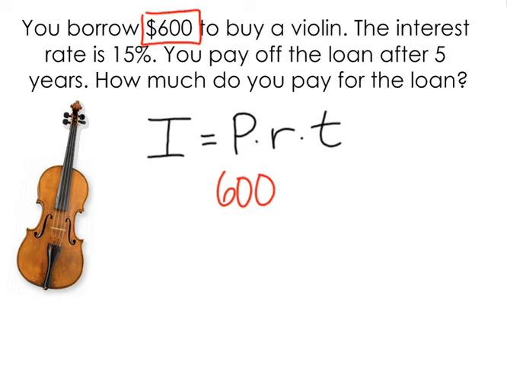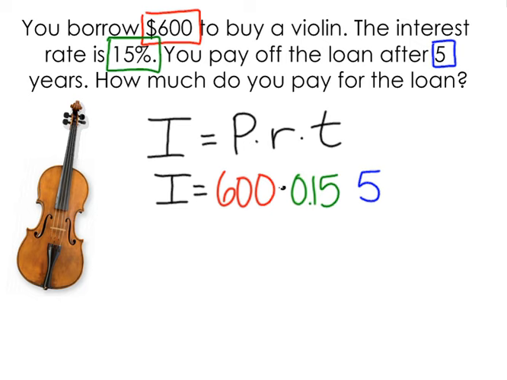The interest rate is 15%, which would be 15/100ths as a decimal. And the amount of time is 5 years. So we can go ahead, bring down interest equals 600 times 15/100ths multiplied by 5.